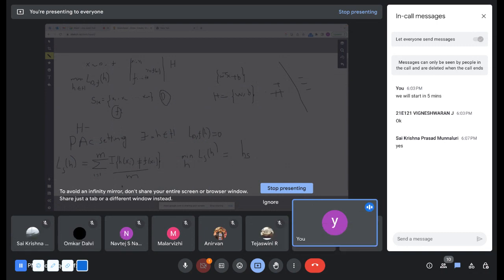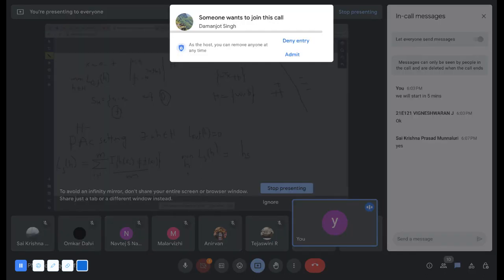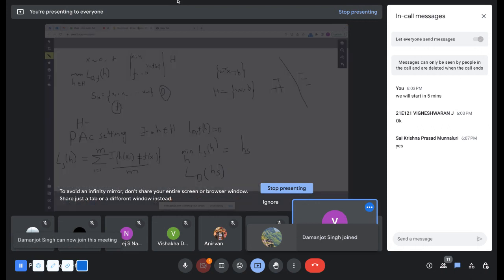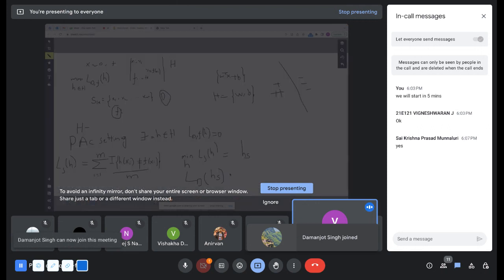The output of this minimization is h_S, where S denotes that you minimized it on the training set S. So what we are interested in is how this generalizes to unseen examples. This is the main problem you want.